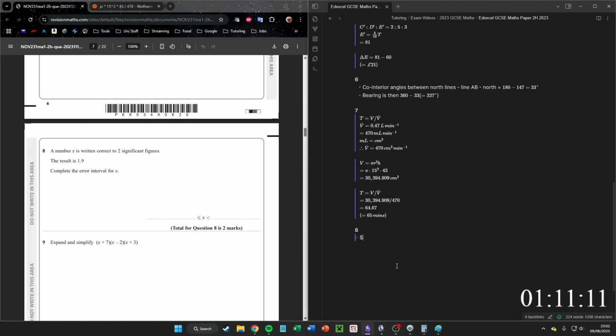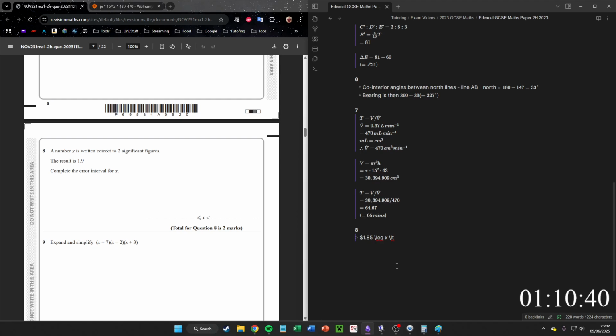If the actual number were 1.85, that would round up to 1.9. But 1.84999 recurring would round down to 1.8, so it must be 1.85 is less than or equal to x. And then in terms of rounding up, 1.95 would round up to 2.0, so it must be smaller than that.